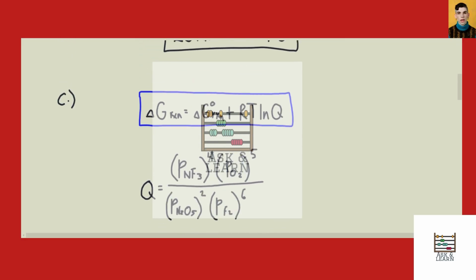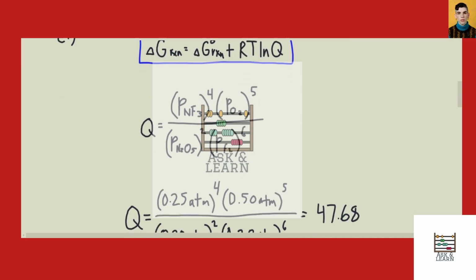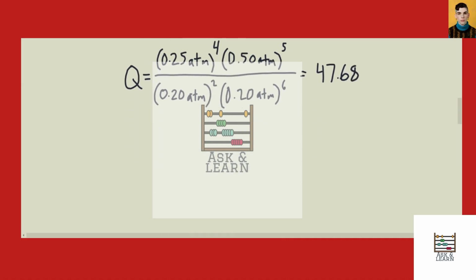Now we have a value for Q to plug into this equation to solve for delta G of reaction under these partial pressure conditions. So delta G of reaction equals delta G of reaction at standard conditions, which is what we solved for in part B. And again, that was negative 569 kilojoules per mole.